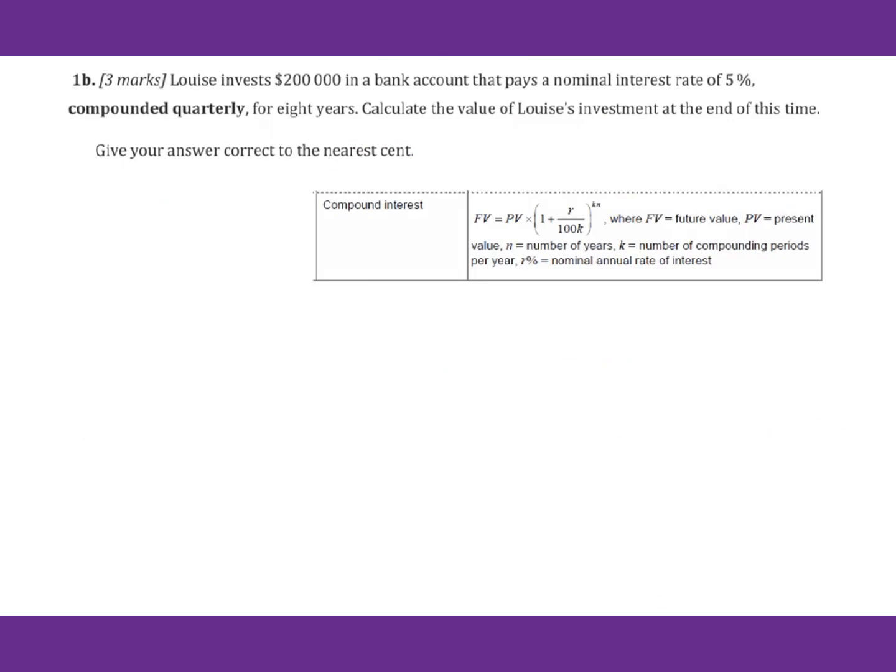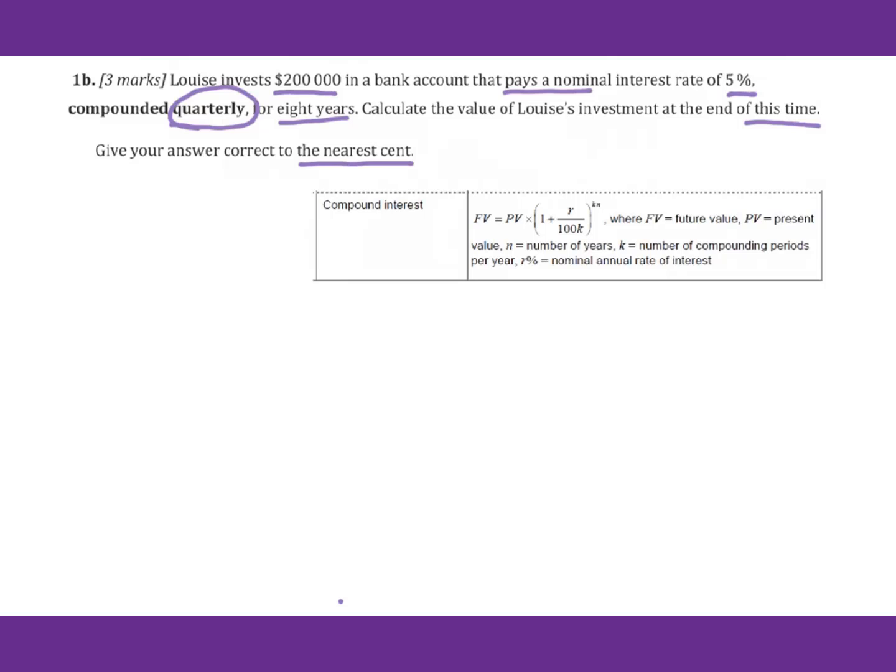Let's go to 1B. Louis invests $200,000 in a bank account that pays a nominal interest rate of 5% compounded quarterly for 8 years. Calculate the value of Louis' investment at the end of this time. Give your answer correct to the nearest cent, which means 2 decimal places.